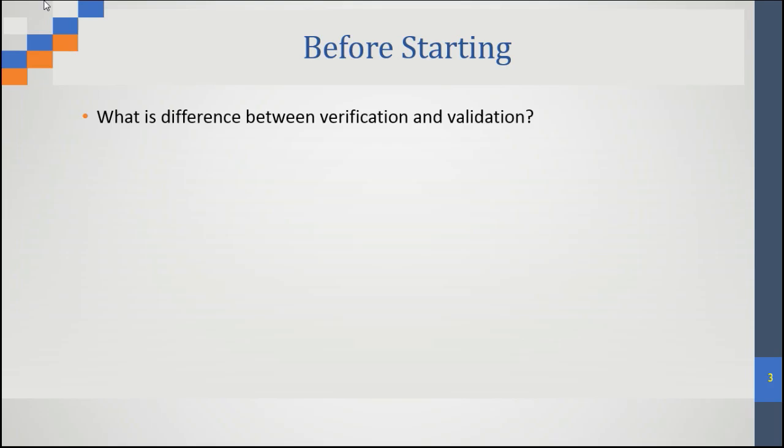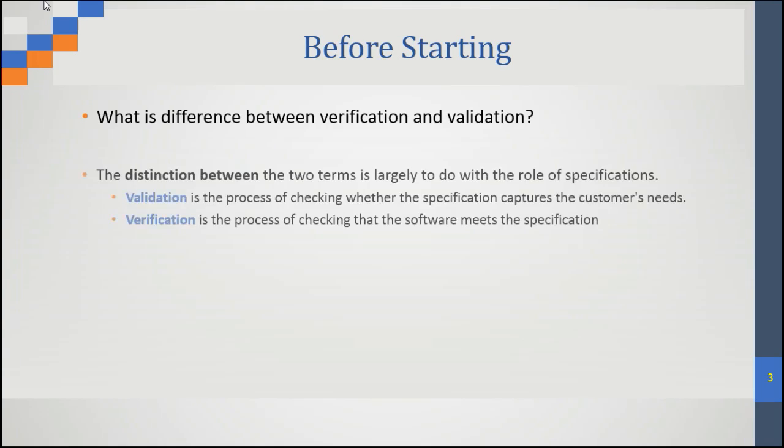So what is the difference between verification and validation? We start with validation. Validation checks whether the specification captures the customer's need. While verification checks whether the design of the software meets the specification or not.